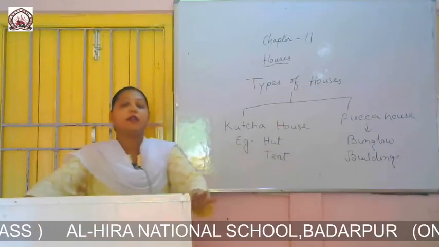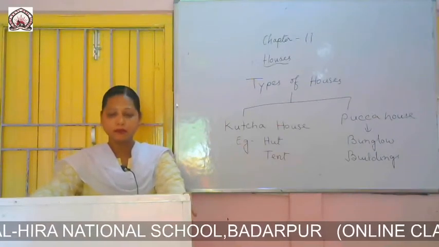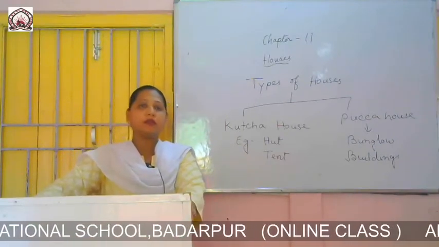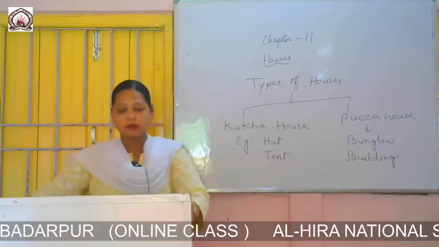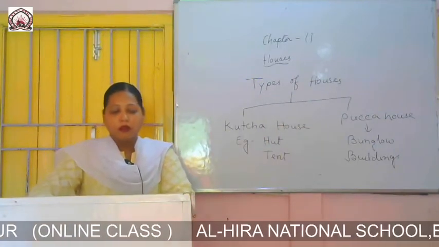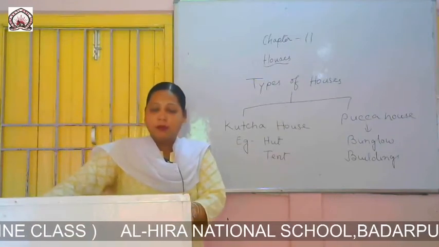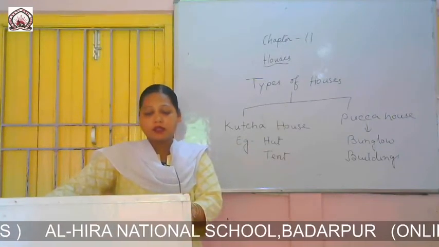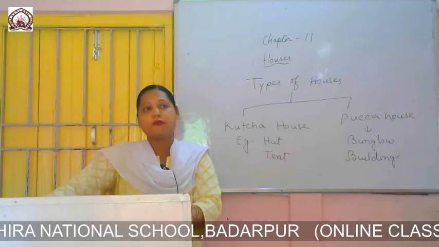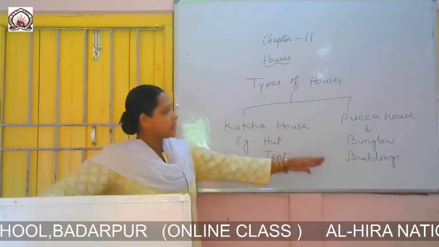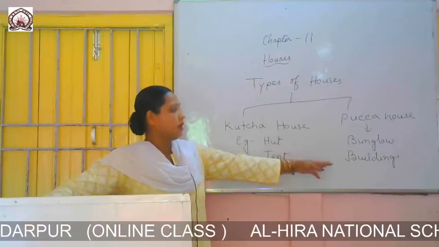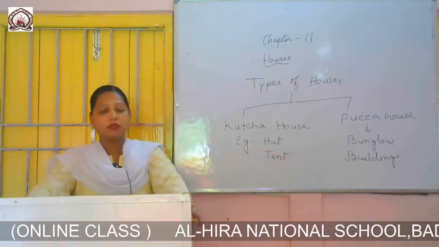A multi-storied building is another example of a pakka house. It is a structure which has many floors and flats. Each flat has 2, 3 or more rooms in it.